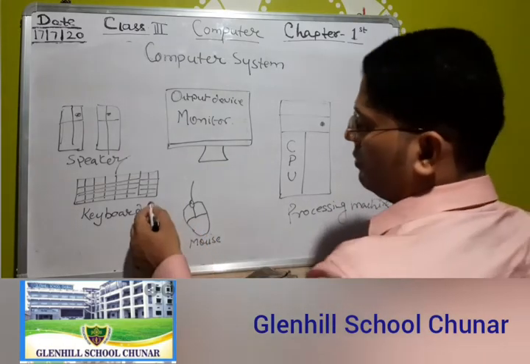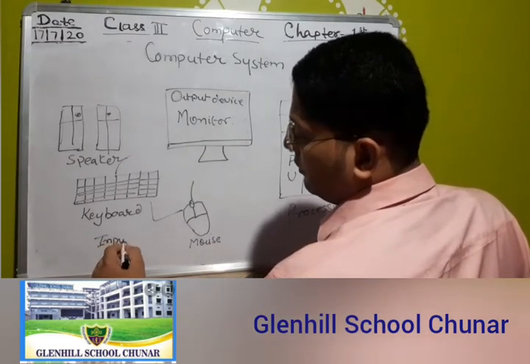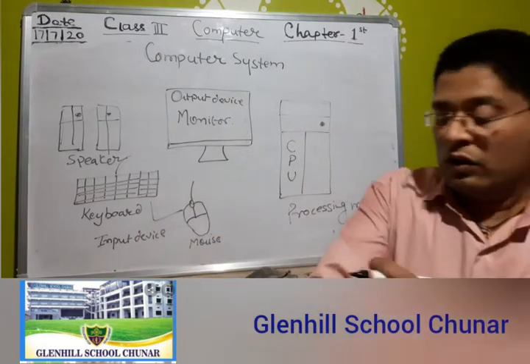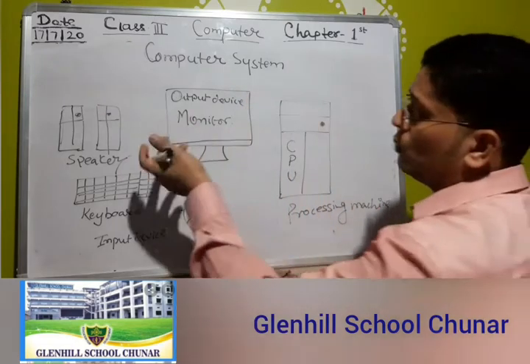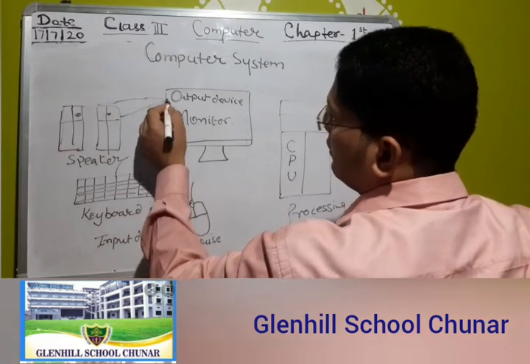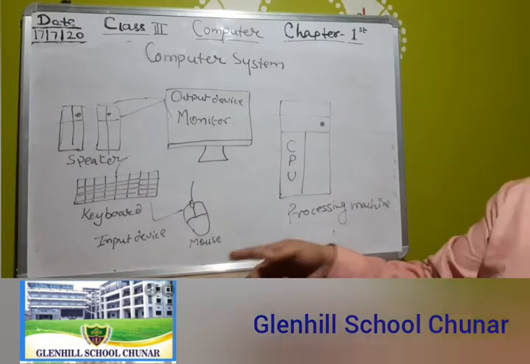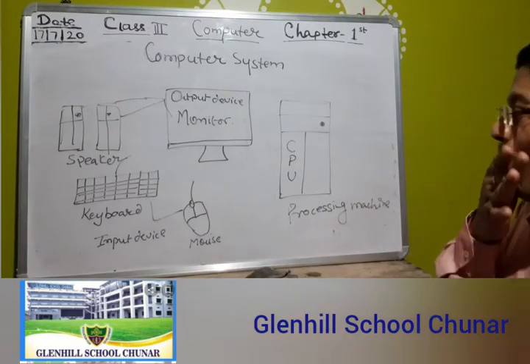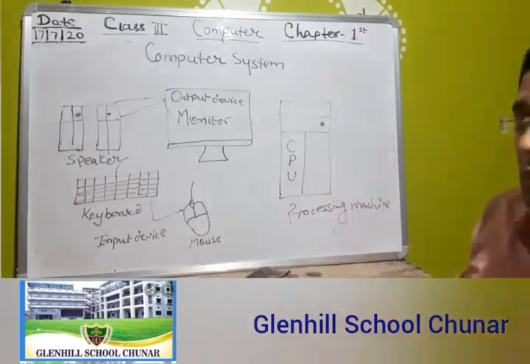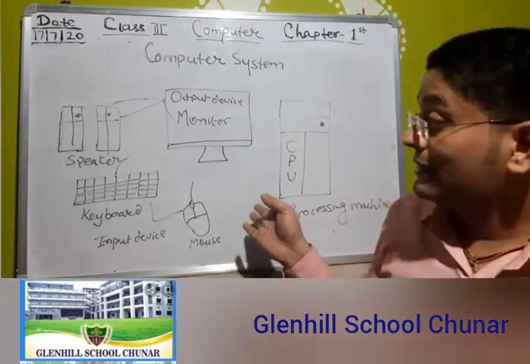The mouse and keyboard are input devices, and the speaker is an output device. It is the same thing. Speaker and monitor are output devices, keyboard and mouse are your input devices, and the CPU is a processing machine. Okay students, is it clear about the parts of the computer?